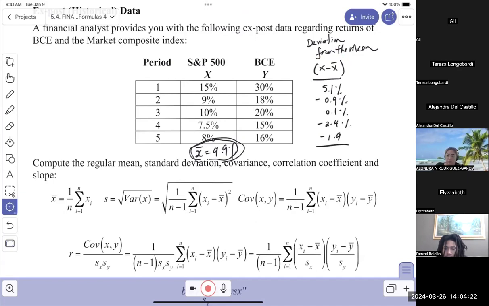Why don't we just average the deviation from the mean? Why don't you find for me the average of these? Add them up and divide by 5, or use your calculator the way I just taught you to put them into stat mode and get the mean for me. Tell me what you get.